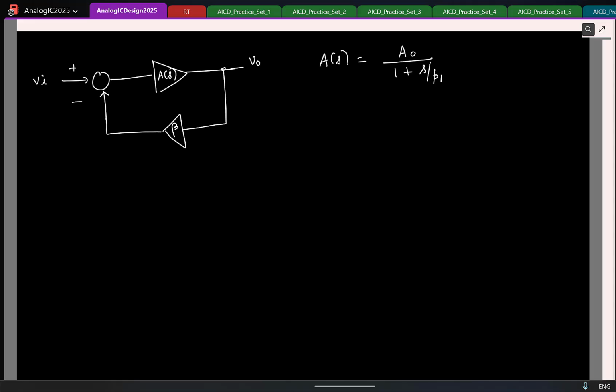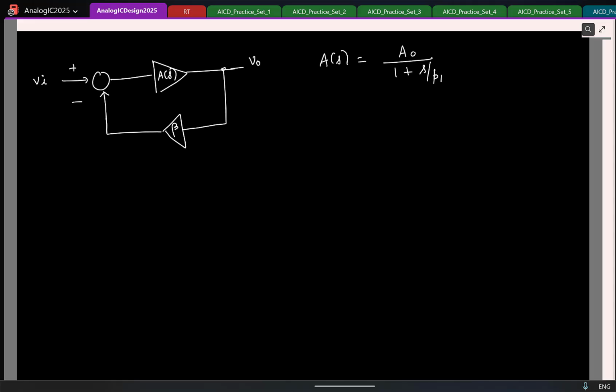Now remember, anytime I put some system in negative feedback, what is something that can go wrong? If a system is put in negative feedback, what is something that can go wrong? The system can become unstable, right? It is possible. So let us actually see what's going to happen here.